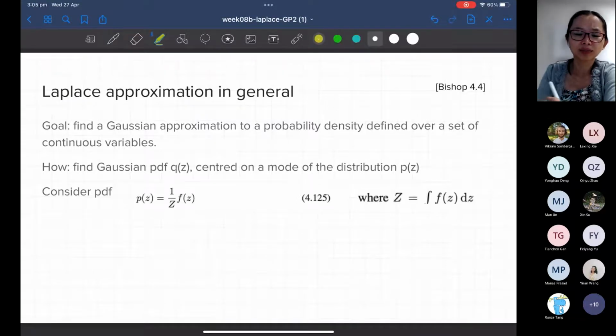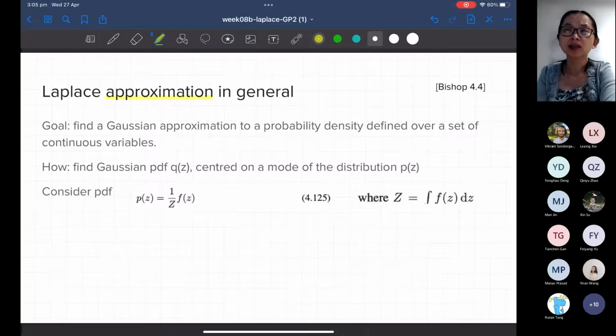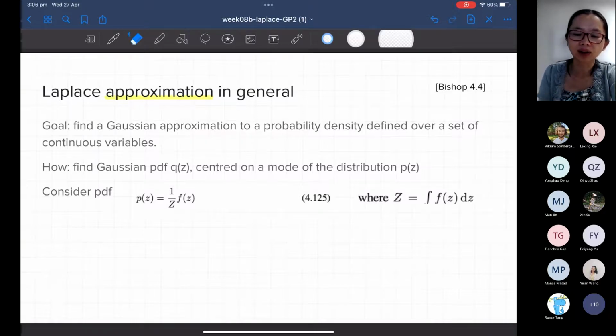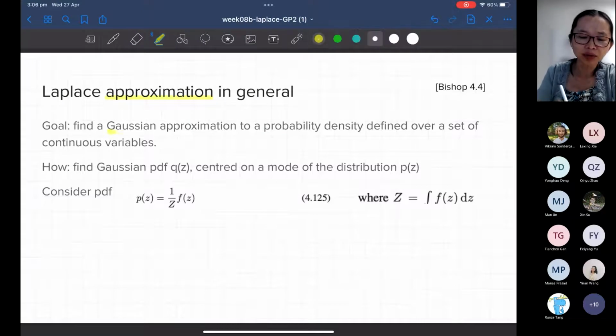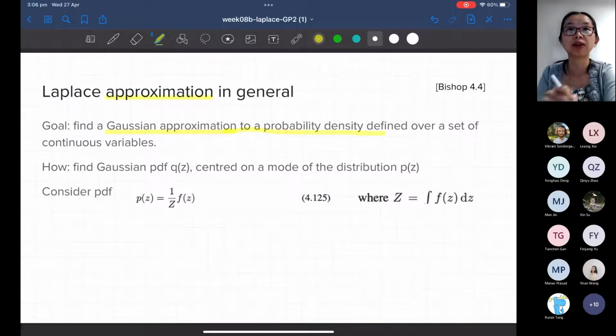Approximate inference is this general class of techniques where, instead of resorting to numeric integration or sampling or any of these tricks, which we might touch upon at the end of this class, let's try and find a probability distribution that is not exactly what we're looking for, but close enough in some sense. In this particular case, we would like to find a Gaussian approximation. The goal is to find a Gaussian approximation to a probability density function defined over a set of continuous variables.